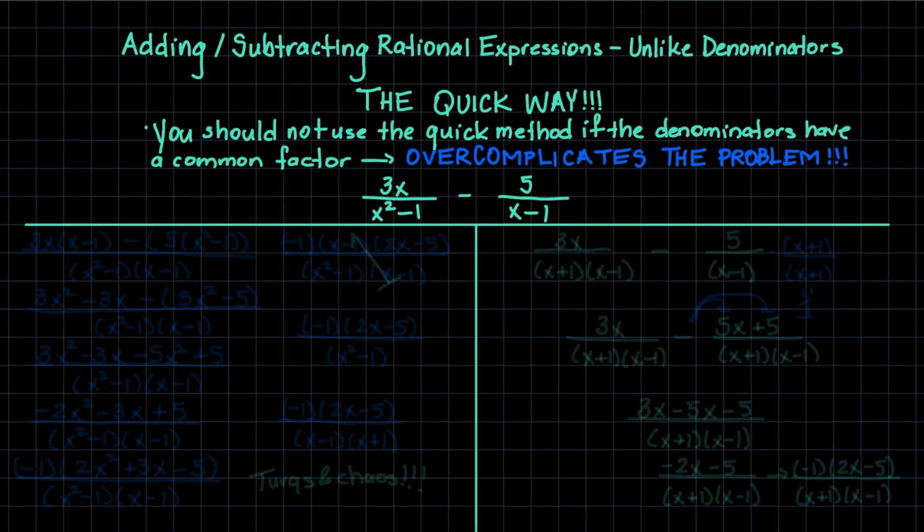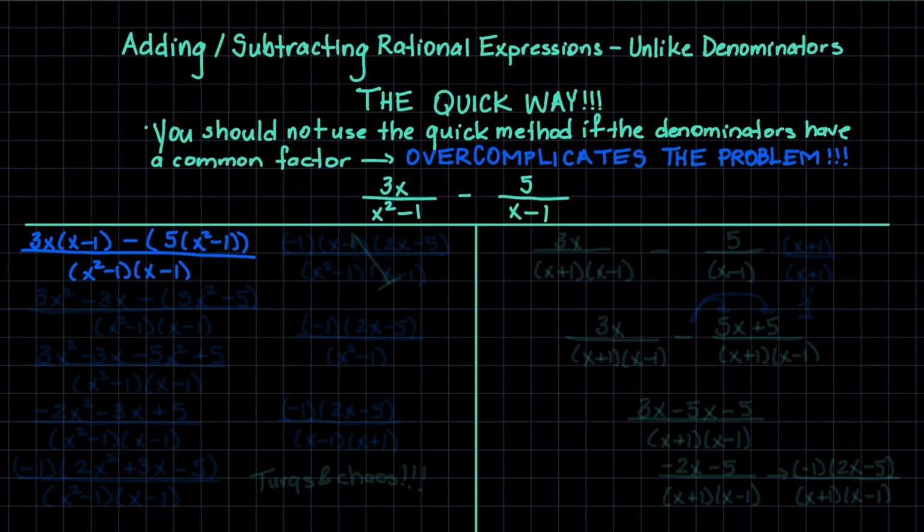Okay, on the left, we're going to go ahead and crisscross and across it. So we end up with 3x times x minus 1 minus, we always follow up a minus with a parenthesis, 5 times x squared minus 1, all over x squared minus 1 times x minus 1.